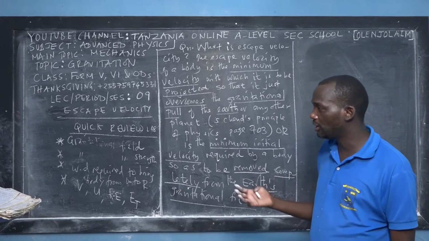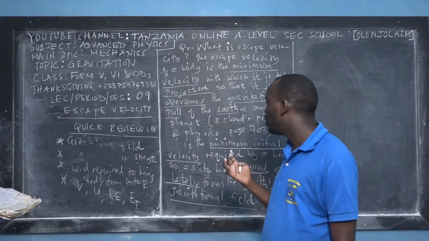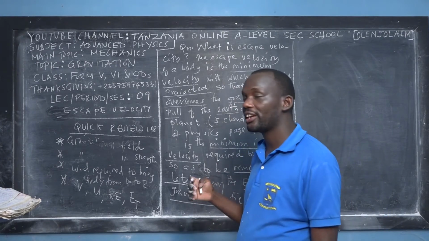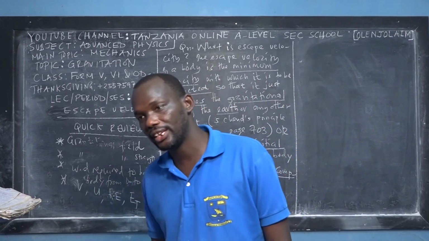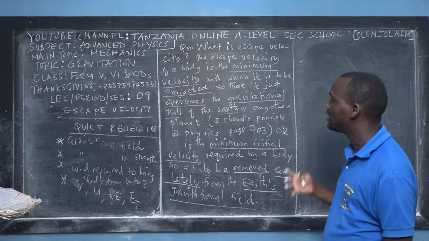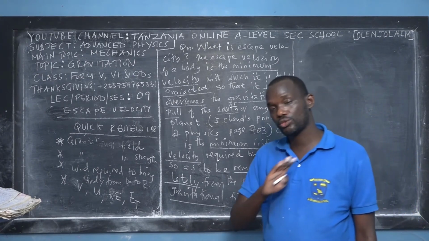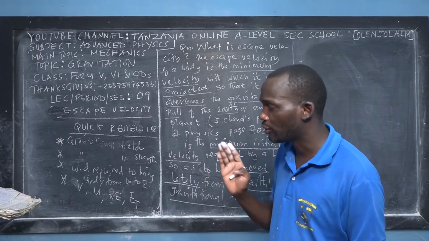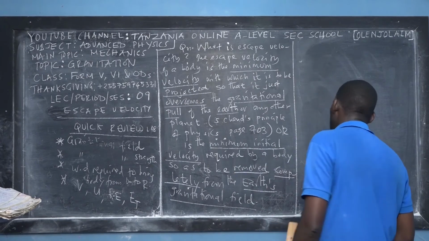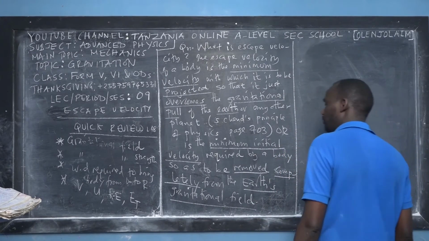It means that that body will not be disturbed by the gravitational pull of the Earth. So that's the meaning of escape velocity. Remember, there's a difference between escape velocity and the orbital velocity. These are two different terms. You have to remember them in your mind. So that is the definition of escape velocity.